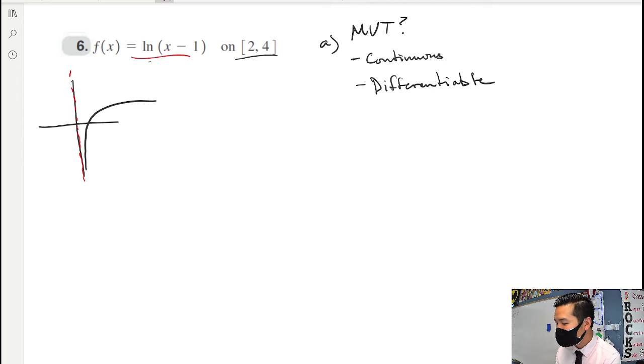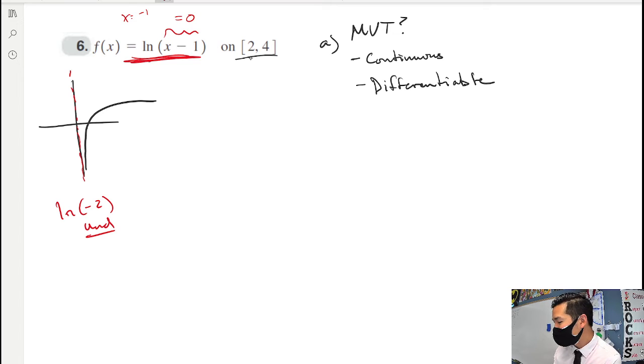So this thing will break if I have a 0 in here, or if this is equal to anything negative, right? For example, if x was equal to -1, I'd have -1 minus 1, which would be -2. The natural log of -2 is undefined, right?